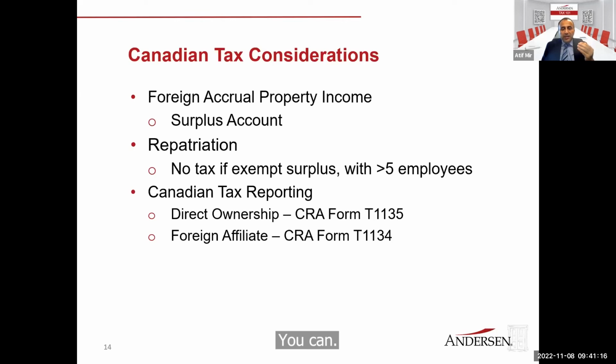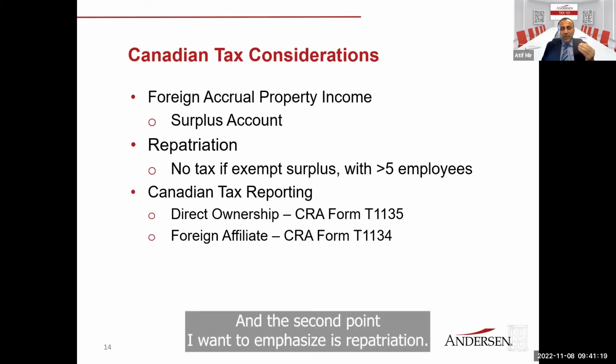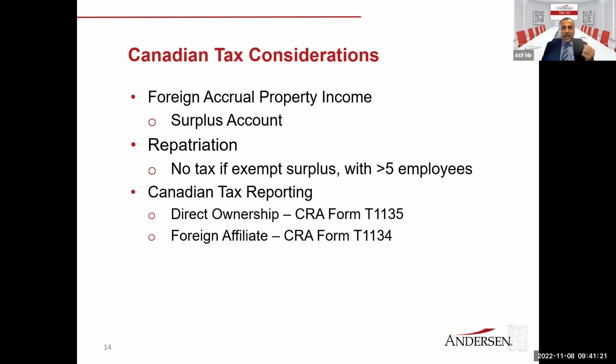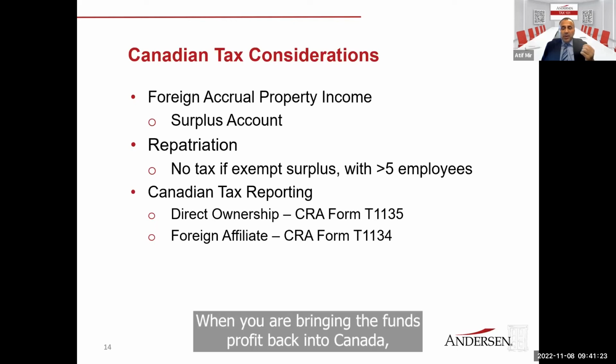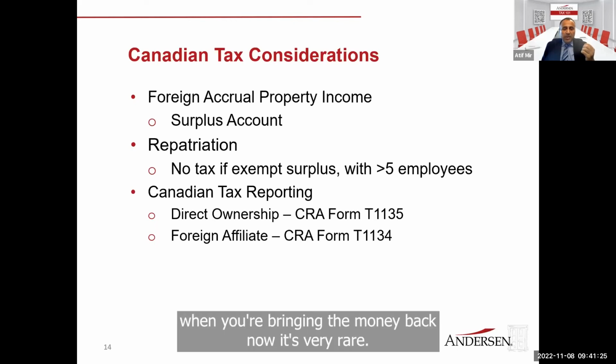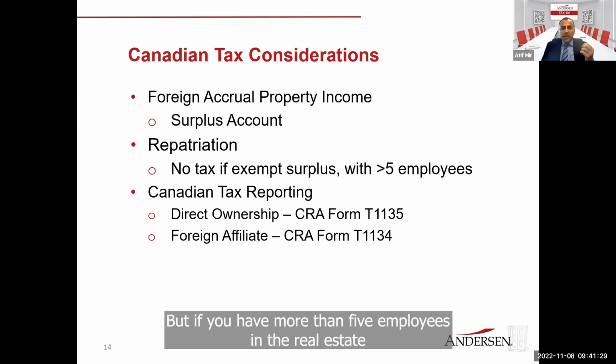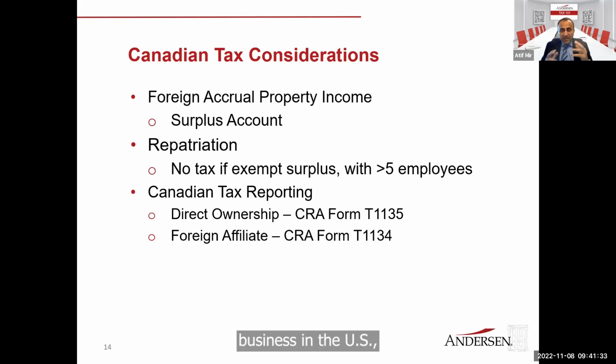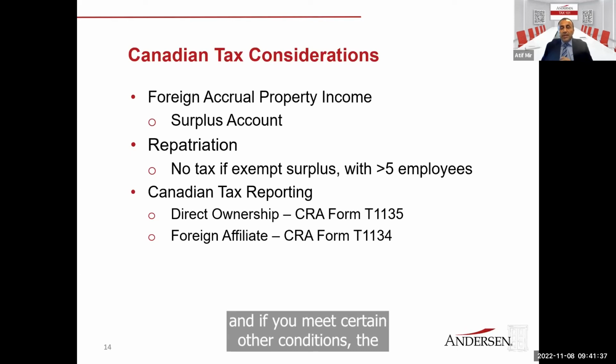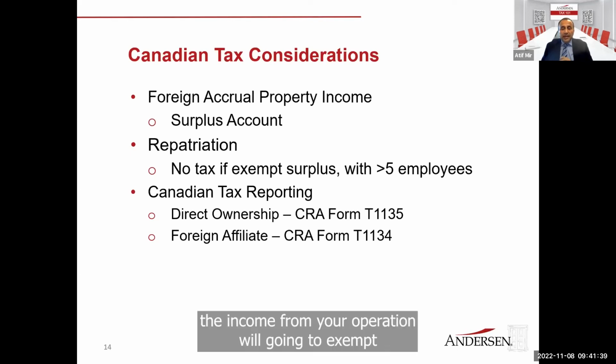The second point I want to emphasize is repatriation. When you're bringing the funds, the profit, back into Canada, now it's very rare, but if you have more than 5 employees in the real estate business in the US, and if you meet certain other conditions, the income from your operation will go into exempt earnings, which will become part of the exempt surplus.